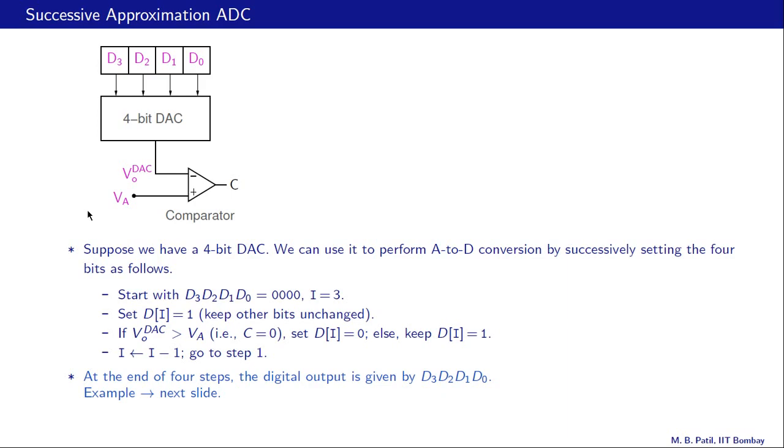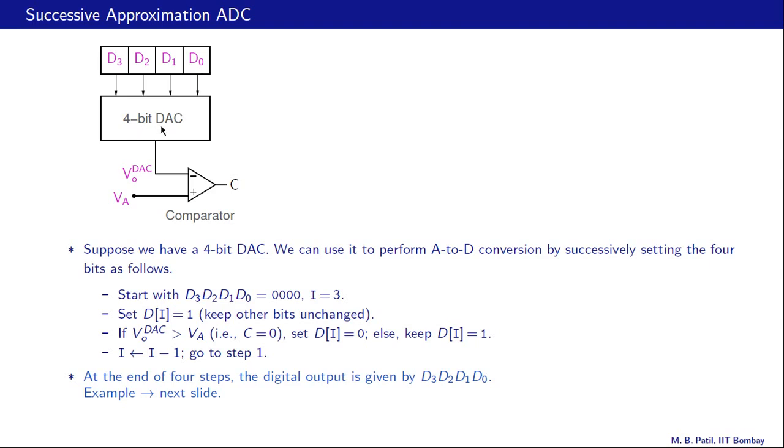Another commonly used ADC is the successive approximation ADC. Here is the block diagram for a 4-bit ADC. This register holds a binary number D3, D2, D1, D0.